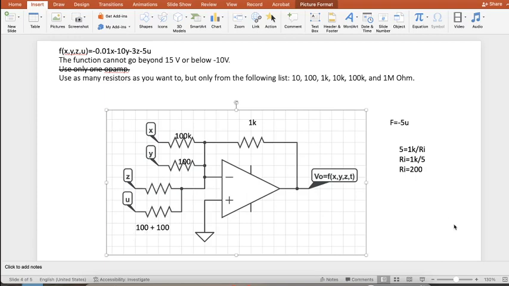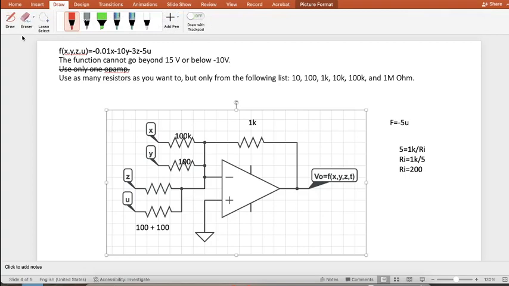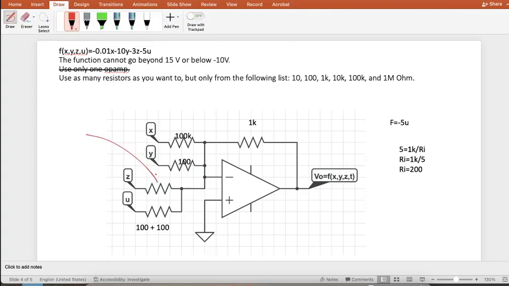For Z, the same thing will happen, except that this resistor here needs to be 1/3 of this, because I need to multiply by 3. In this way, for this one here, I'm gonna have to draw 3 resistors in parallel. Of course, I can't even draw resistors in parallel, so maybe I will copy them.